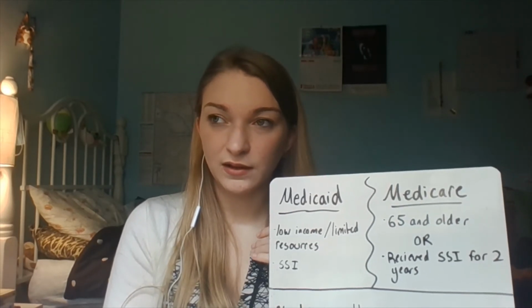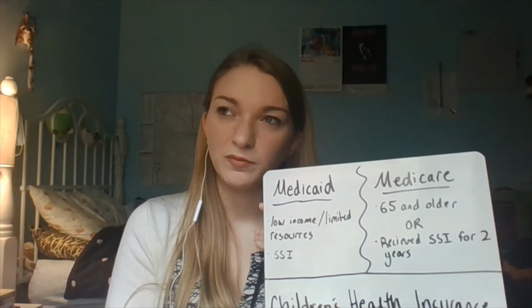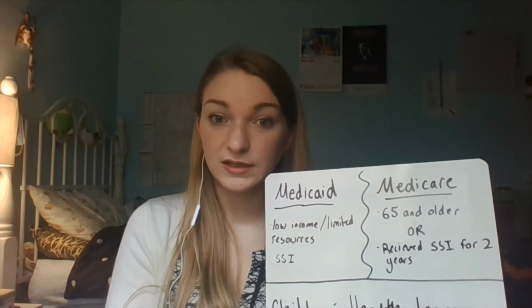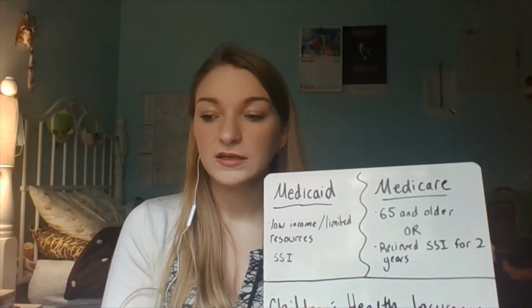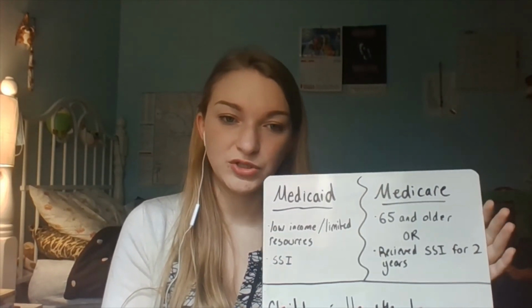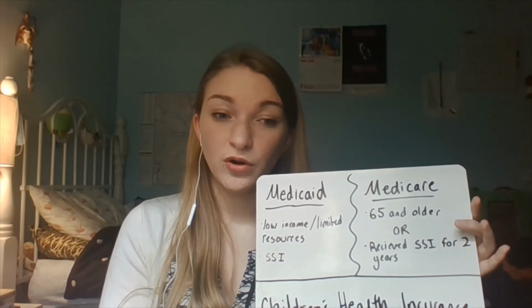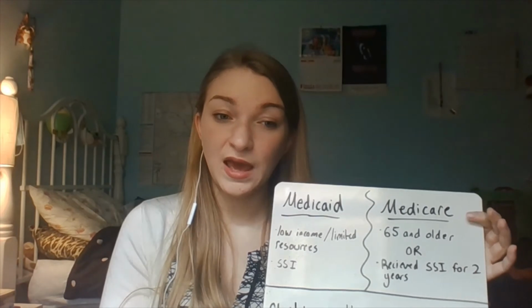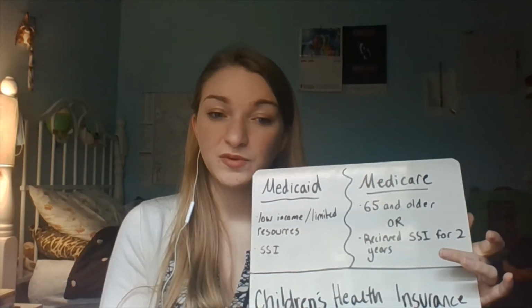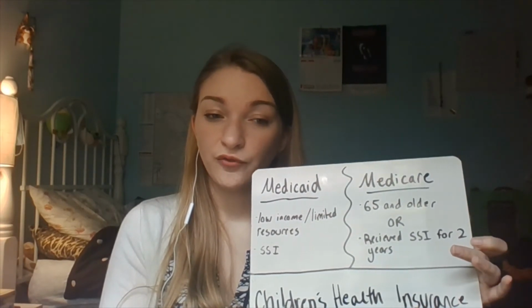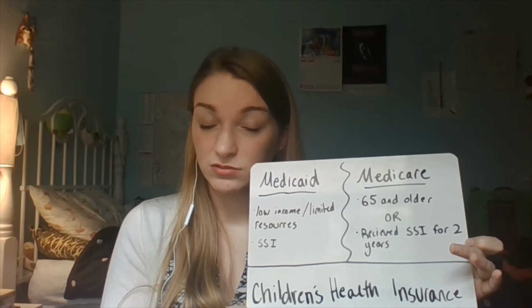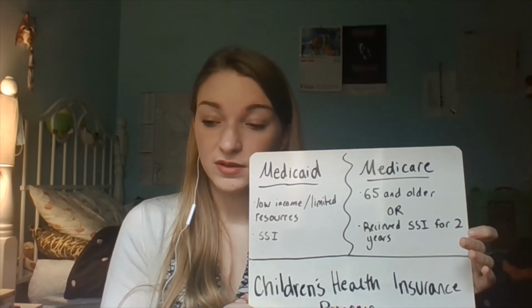And I know that a lot of our service providers at school bill Medicaid, which is related to that. Next is Medicare, which is for people who are 65 and older, or they can receive Medicare if you're someone who has been receiving SSI for at least 2 years. That was an interesting one.